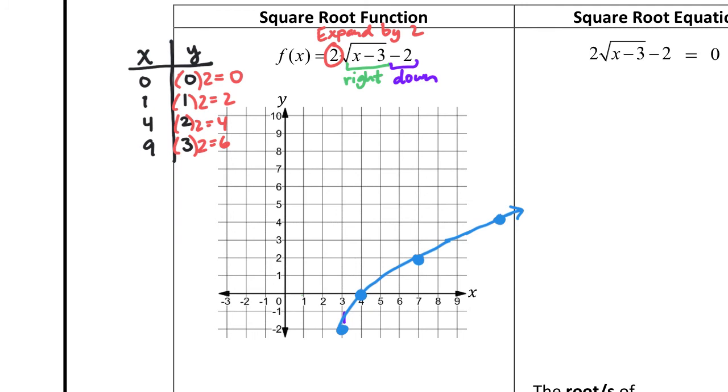Okay, so that way I can just focus on the blue graph. So this is the graph that I wanted.